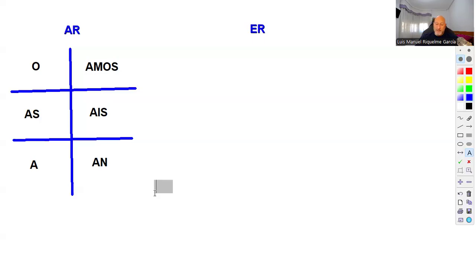Vale. Let me conjugate another AR verb. For example, the verb limpiar. That's the verb to clean. I get rid of the AR and I keep the stem, and now I start adding the endings. I clean, limpio.